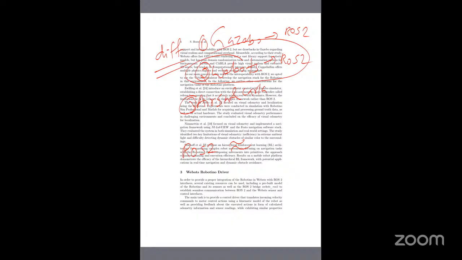Zwilling et al. used Gazebo and developed a Robotino simulation, and they connected the referee box of the RoboCup Logistics League. The disadvantage was that they didn't use ROS 2; they used the Fawkes framework. Abdo et al.: this research was basically related to visual odometry.